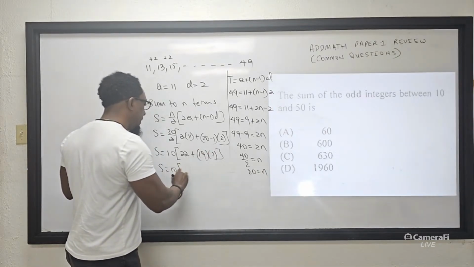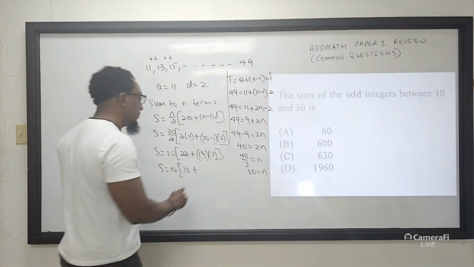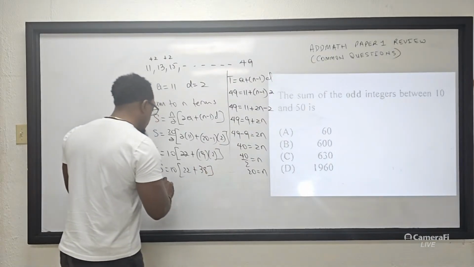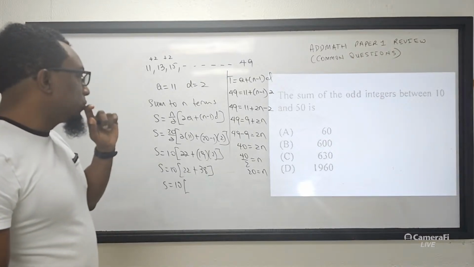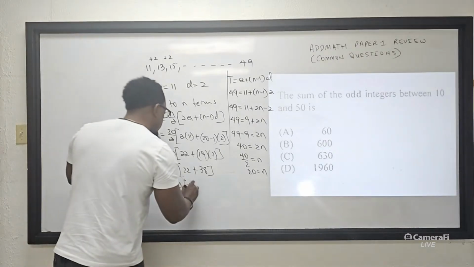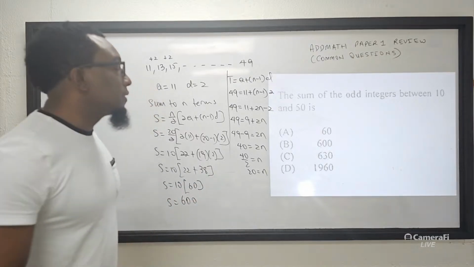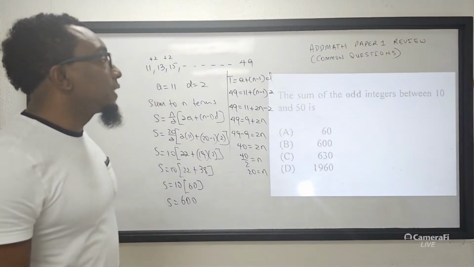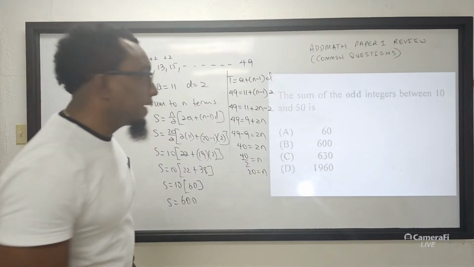S is equal to 10 into 22 plus 19 by 2 will give me 38. S is equal to 10 into 38 plus 22 will give me 60. And 60 by 10 will be 600. So the sum of odd integers between 10 and 50 will be 600, whose answer there is B.